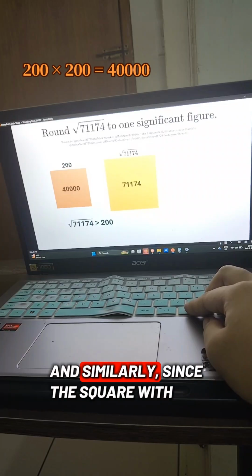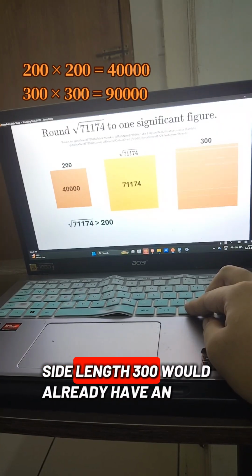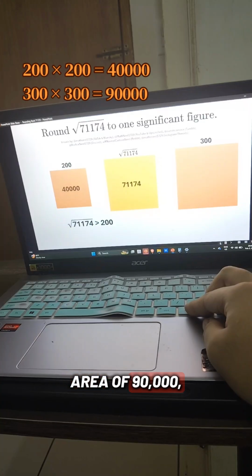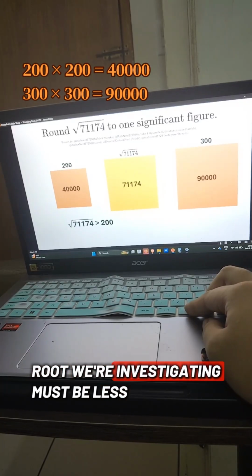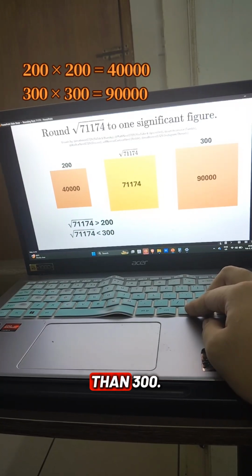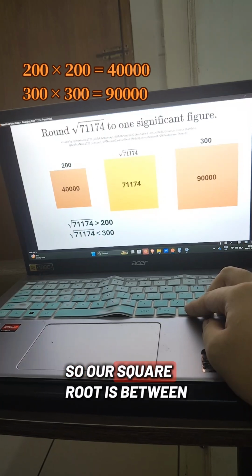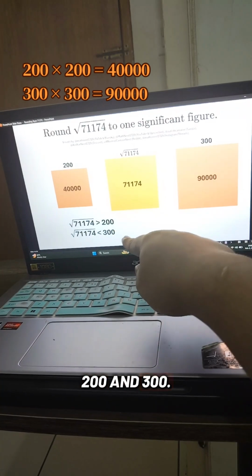And similarly, since a square with side length 300 would already have an area of 90,000, which is too big, the square root we're investigating must be less than 300. So our square root is between 200 and 300.